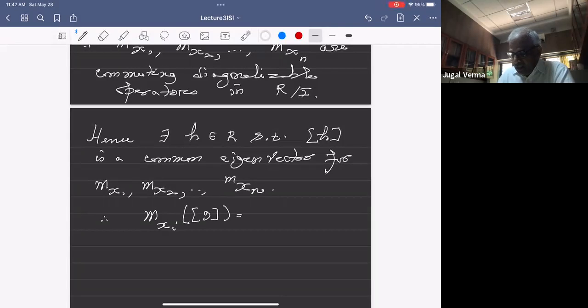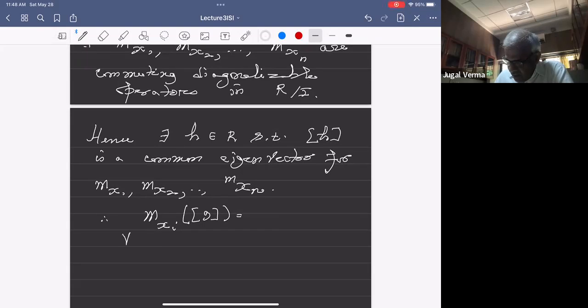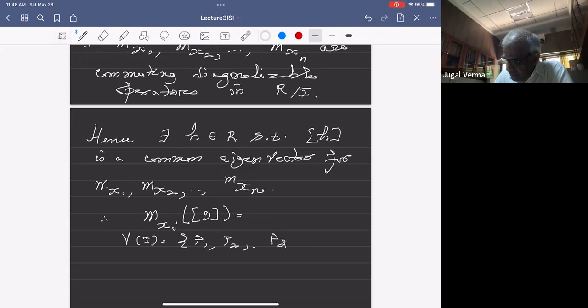What did we prove in the first eigenvector theorem? When I operate mg on an eigenvector, what is the eigenvalue? Eigenvalues are G of Pj, where the points are P1, P2, Pd.